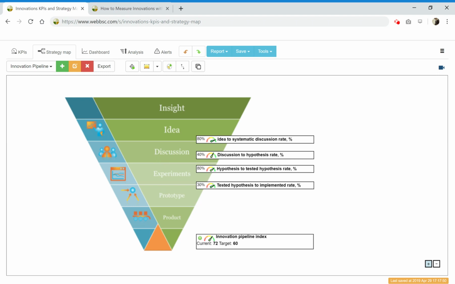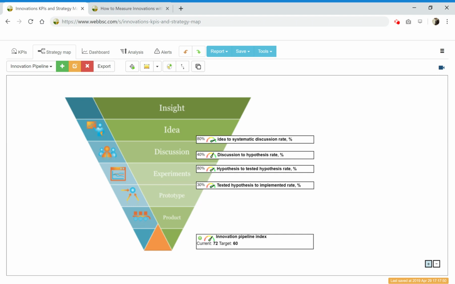There are some experiments where people are testing this idea, testing this hypothesis, and if the tests were successful, we can expect that a certain prototype will be created, and if the prototype was successful on the market, we can expect that a certain product will be created from that prototype.